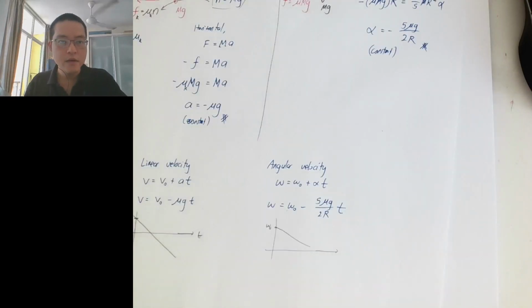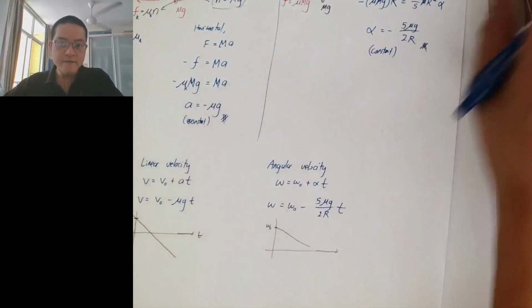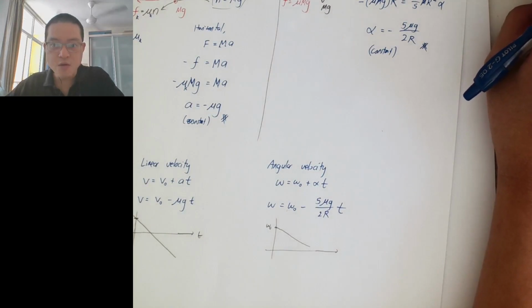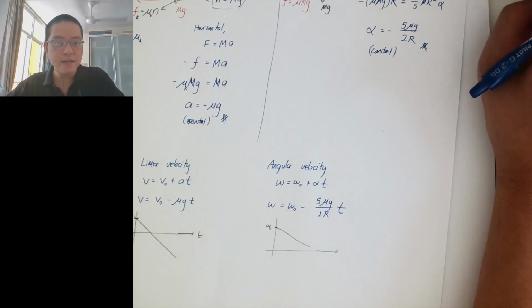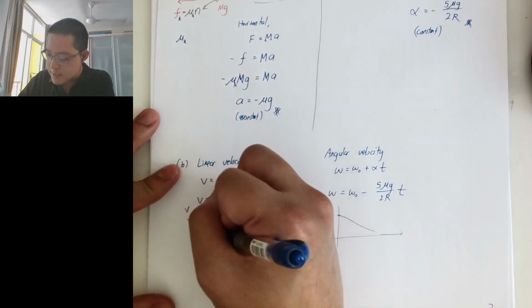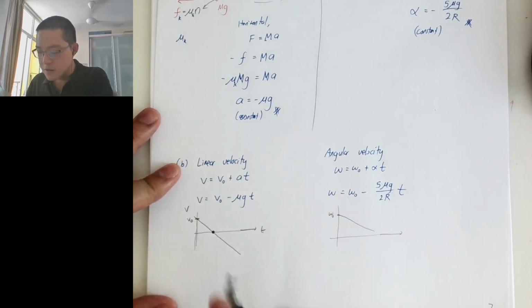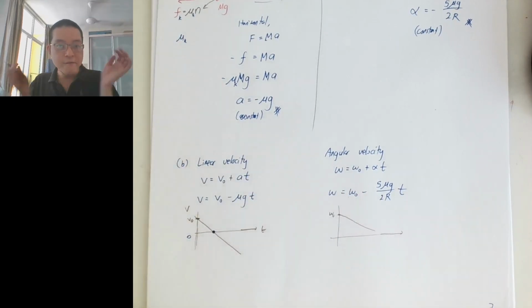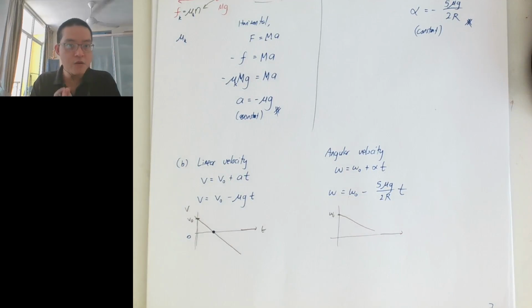Show that if this is true, the ball is still rolling anti-clockwise when the center of mass comes to an instantaneous stop. So what the question is asking is, what happens when the center of mass comes to an instantaneous stop? When V is 0, I want to show that the ball is still rolling anti-clockwise. So I look at the omega, and anti-clockwise means it's still positive.